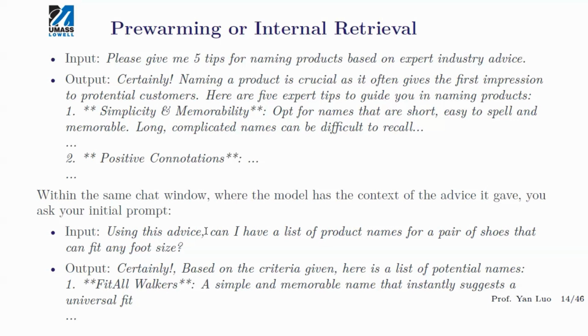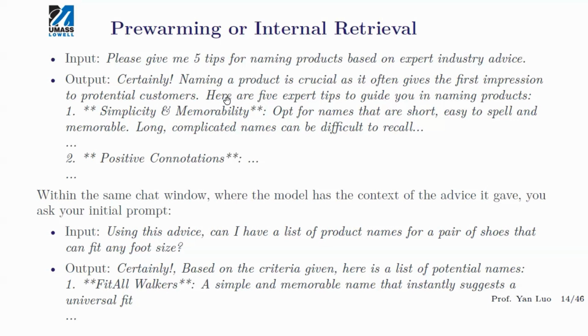The first input is: please give me 5 tips for naming products based on expert industry advice. If the model is knowledgeable, it has training data about this industry, otherwise it will give you some list of how to name a product.